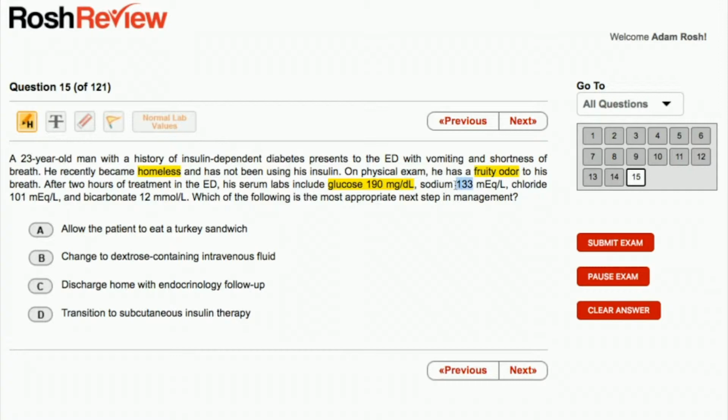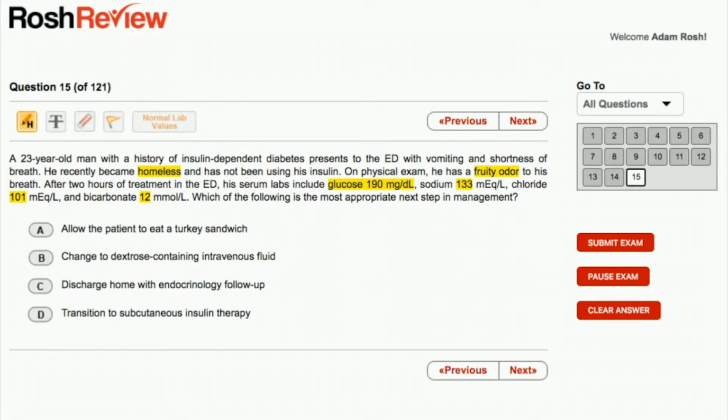So sodium of 133, and we subtract the chloride of 101 and the bicarbonate, which gives us an anion gap of 20. So we have a gentleman here who has DKA, who's been treated in the ED, but still has a gap, and his glucose is lower, it's dropping probably from when he came in. But the issue here is he's probably been getting insulin, and now his glucose is a little too low. So what can we do here?